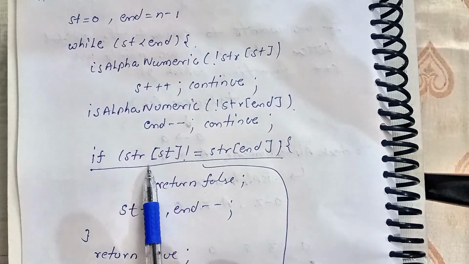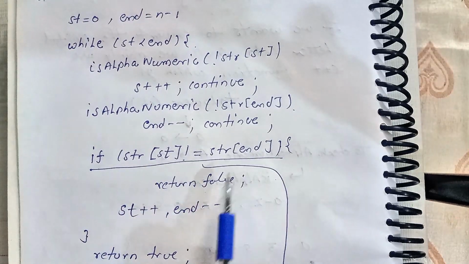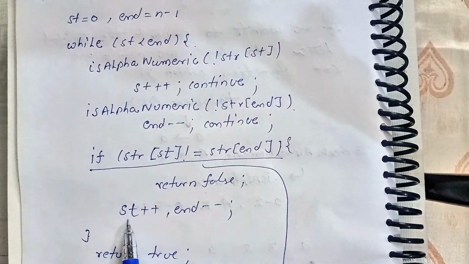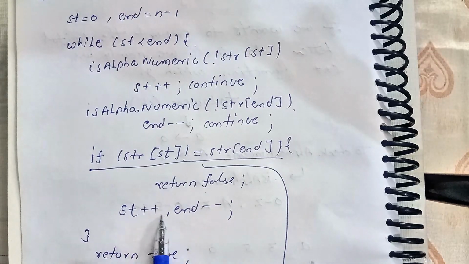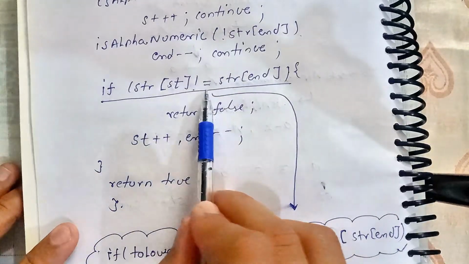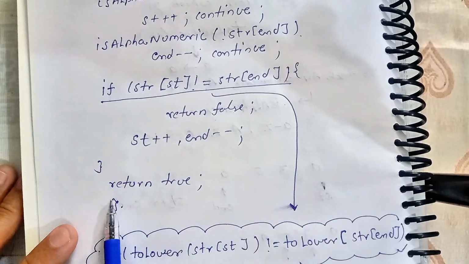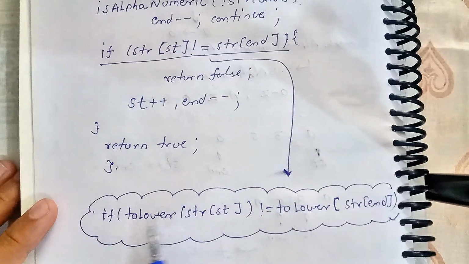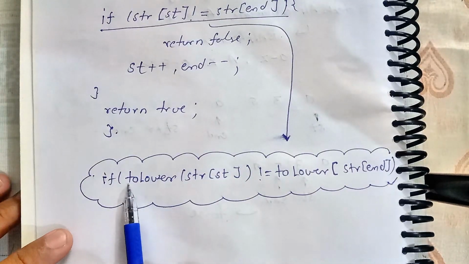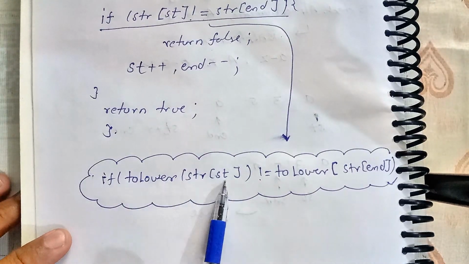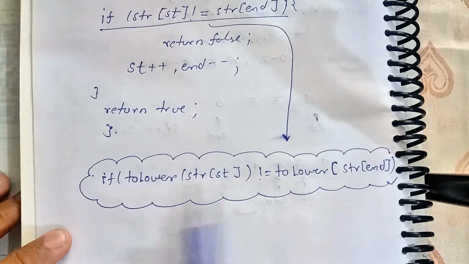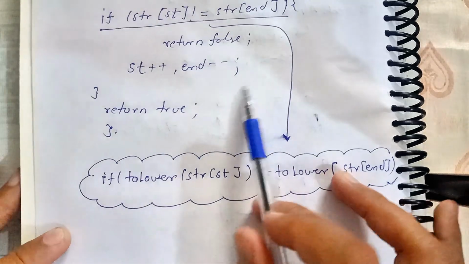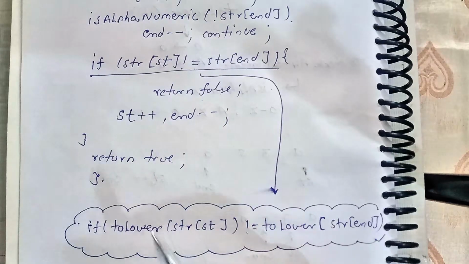Means if the starting and ending point values are not the same, we return false, and increment the value of start. After that, if this condition doesn't follow, then we will return true. If we want to convert the capital letter into small, we will use this if condition in place of this. This is the pseudocode.